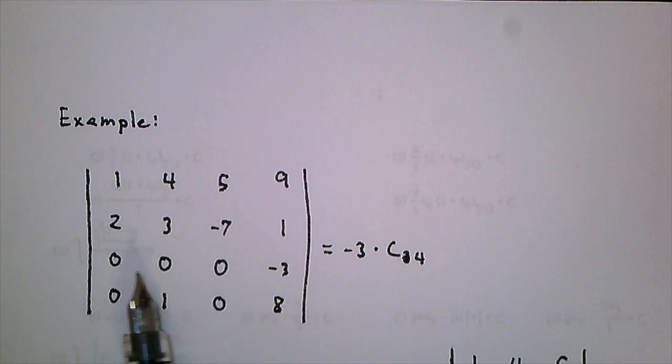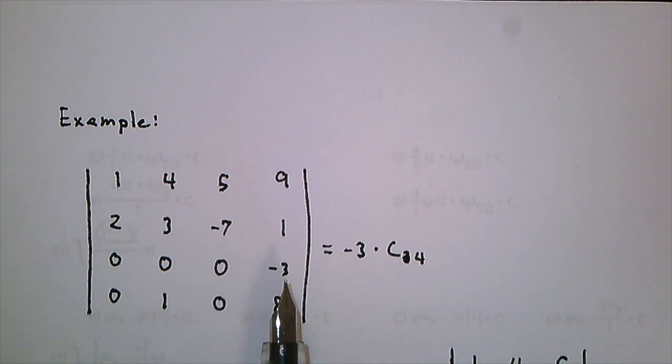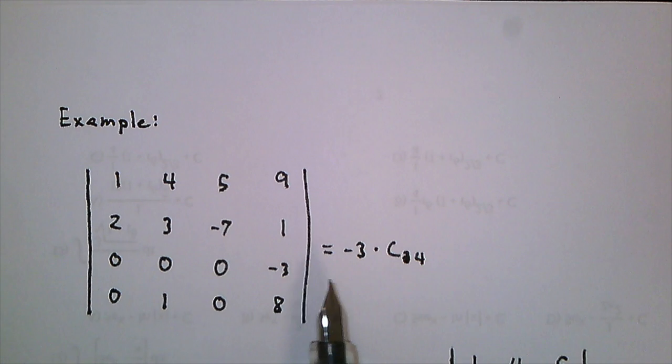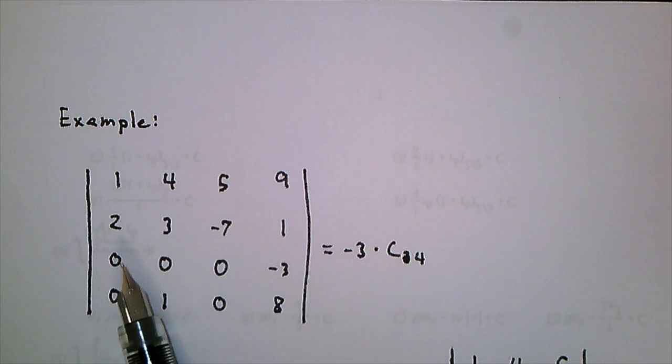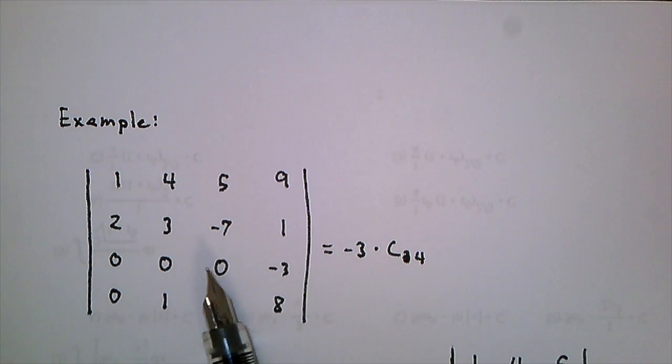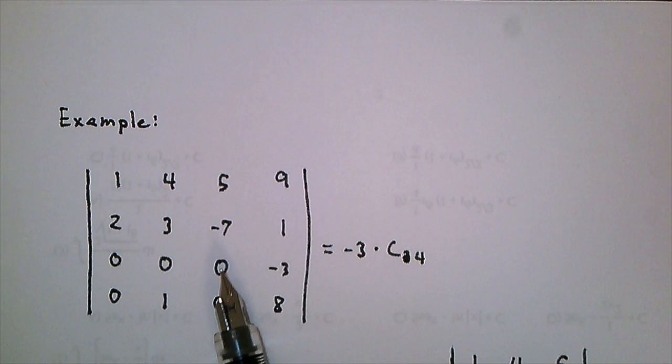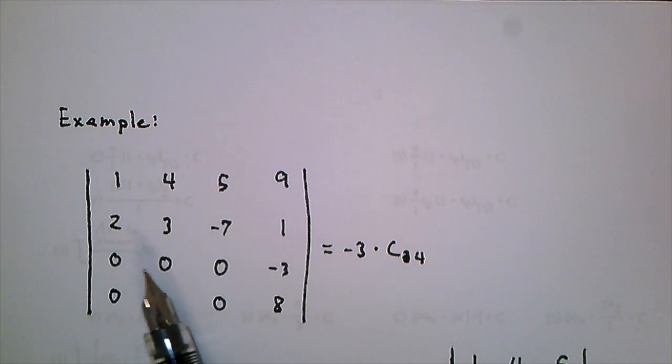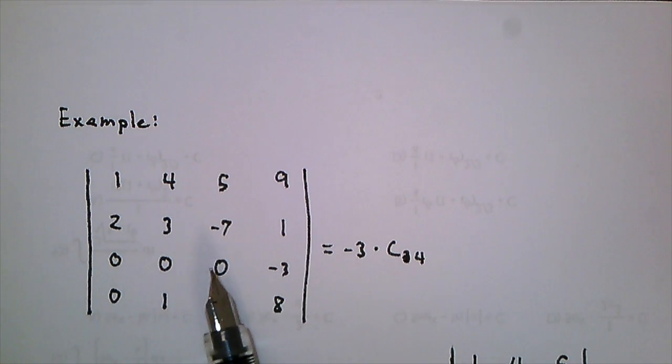So we should pick the third row for our cofactor expansion. If we were going to write all of this out, we would have 0 times its cofactor plus 0 times its cofactor, plus 0 times this cofactor.